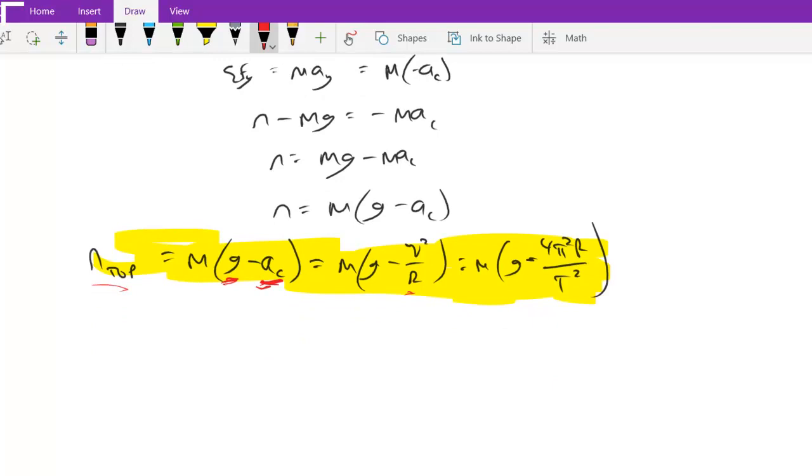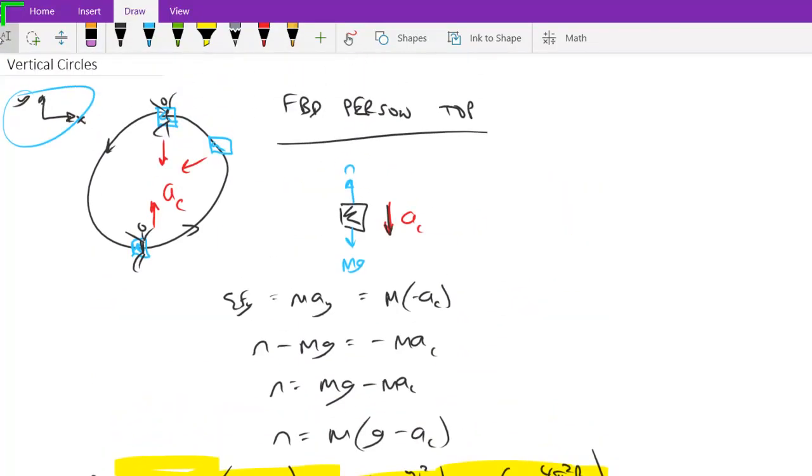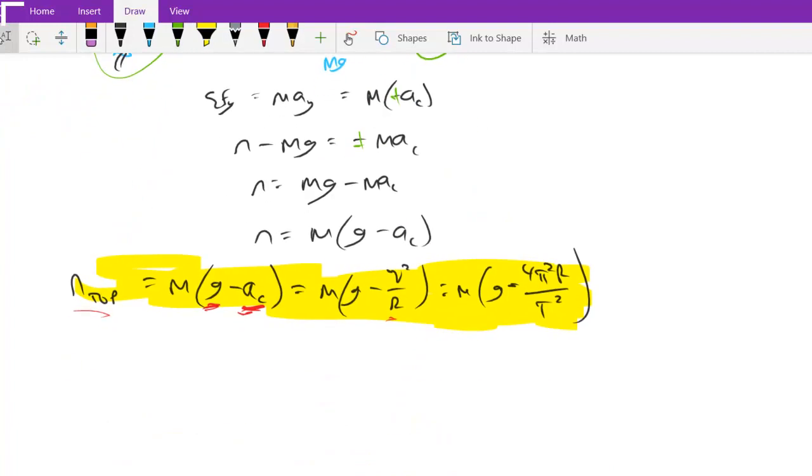If we flip this around for the bottom, the only difference in our free body diagram, instead of rederiving the whole thing, is that the centripetal acceleration is acting upwards. So this becomes a positive a_c.